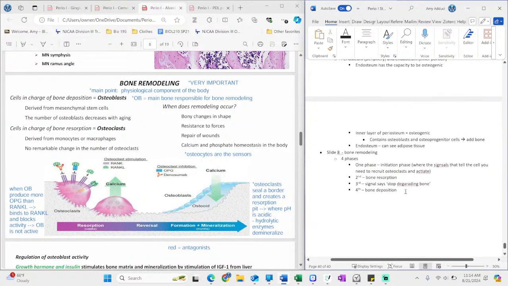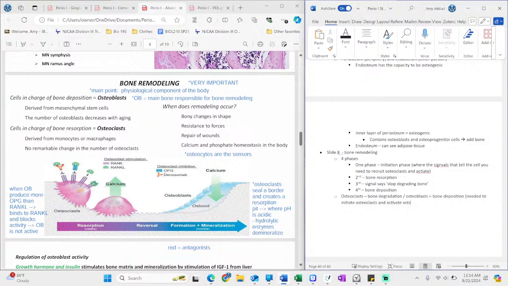Osteoblasts are the cells that are actively producing bone. Osteoclasts are the ones that are actively degrading bone. But osteoblasts are critical to create osteoclasts and to activate osteoclasts. And again, I'm going to dig into your memories.